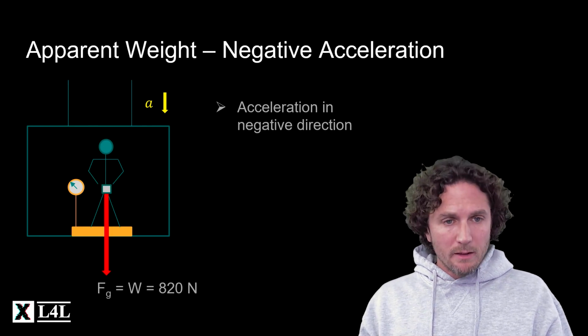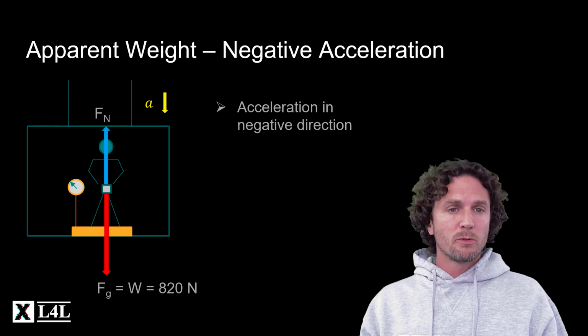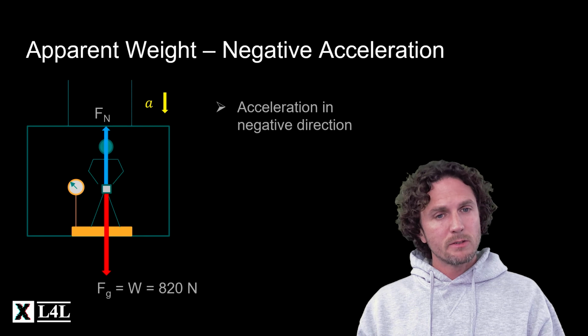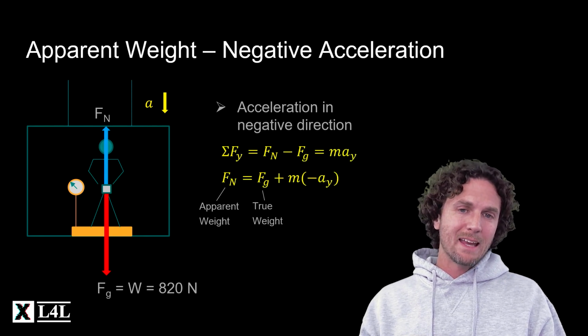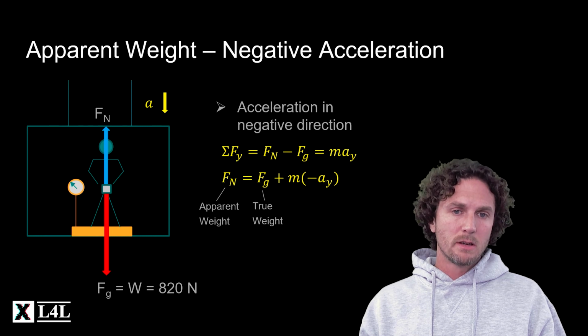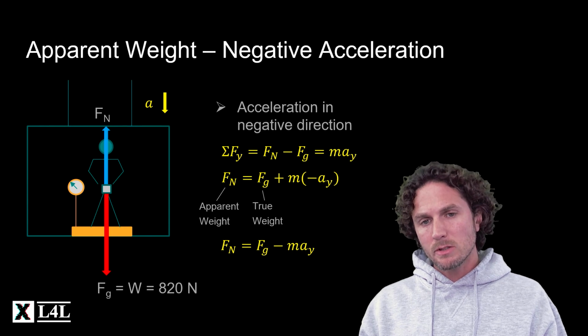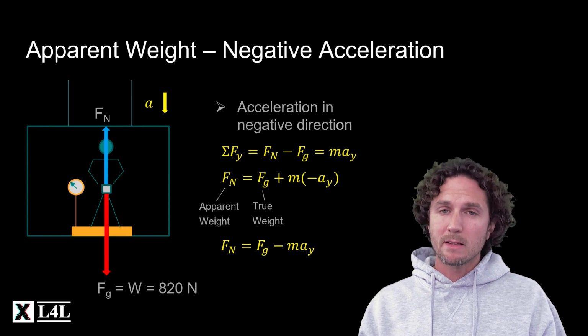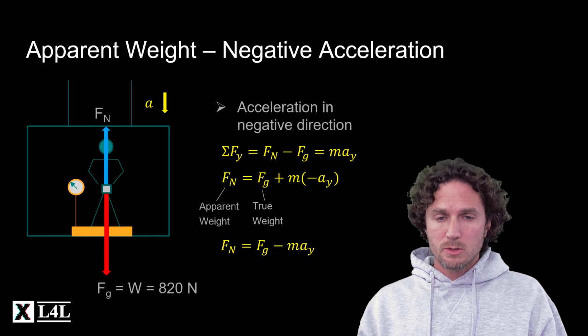That means there's less force on the scale, so your normal force is going to be less. So again, looking at the free body diagram, your force of gravity is still there. The normal force is still there, but it's to a lesser degree. If we look at the equation now, we have a negative acceleration in the y direction. And so when you carry that negative through, you can see that the mass times the acceleration you're experiencing is going to be subtracted from your true weight, or taking it away from your force of gravity.